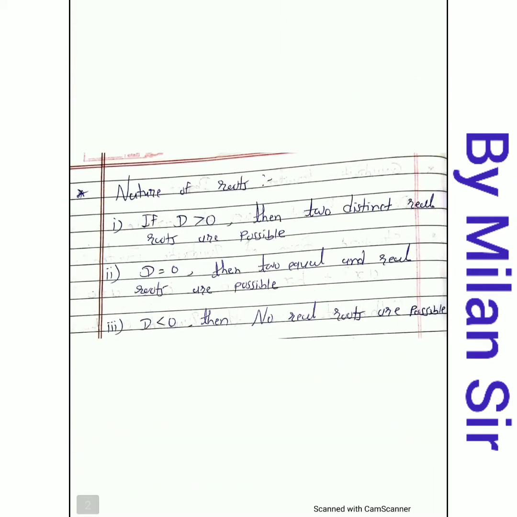Then the next topic is nature of roots. How can we find the nature of roots? We can find the nature of roots by finding the discriminant D. If D, that means b square minus 4ac, is greater than 0, then two distinct real roots are possible. Distinct means two different roots. We can find two different values of x.